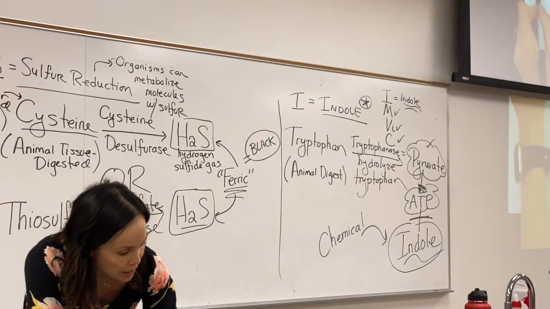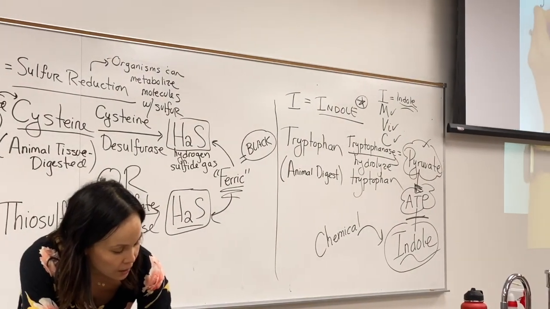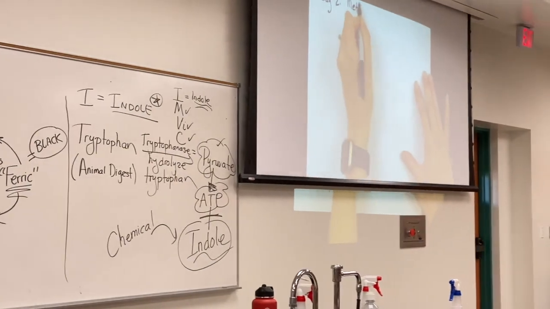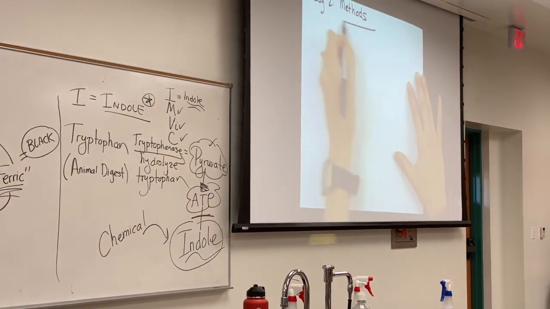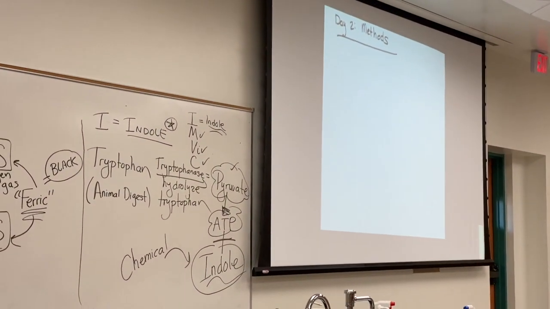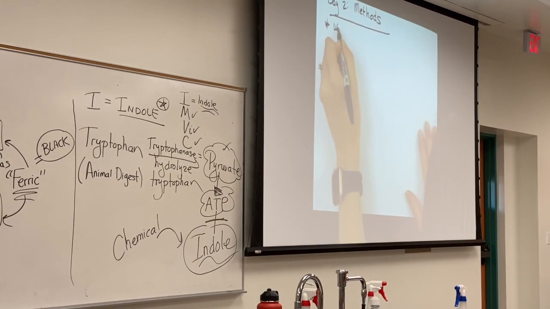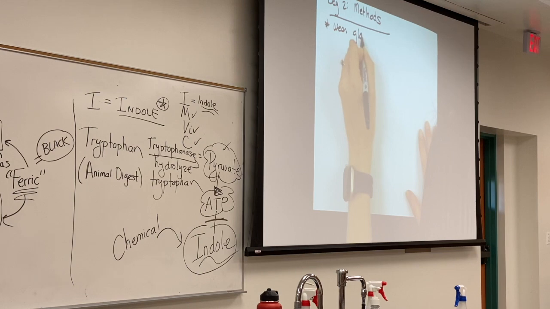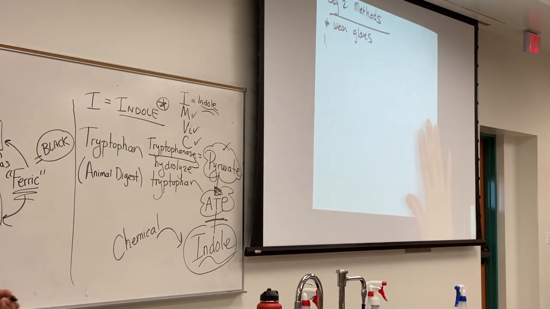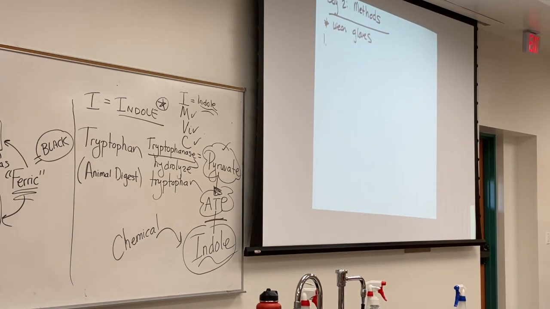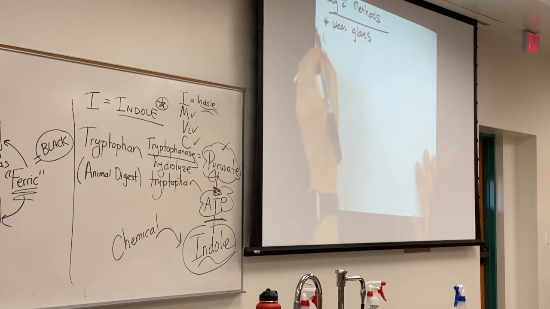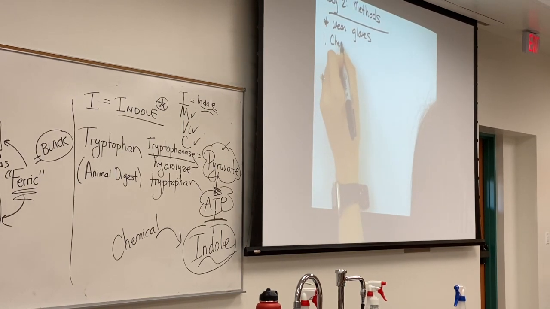For your day 2, the methods are going to be pretty easy. At least today, you don't have to pipette anything. The only thing to do is wear gloves. For the indole test, the chemical has a strange name.